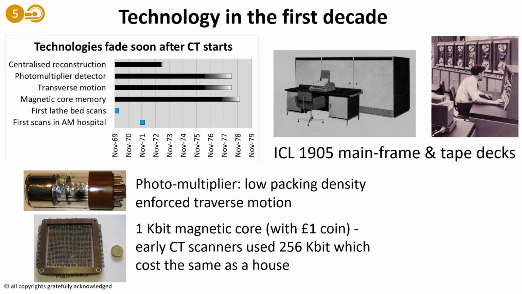Above them, there's three important changes in the first decade of CT. In the early years of CT, the assumption was that you'd have to process the image reconstruction, not in the hospital, but on a centralized site for that particular region, on an expensive mainframe computer like the one on the right-hand side, the ICL 1905.